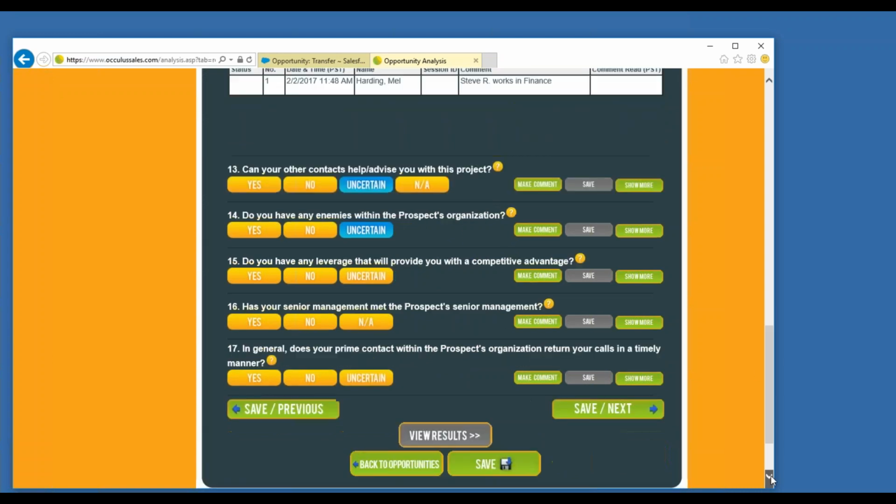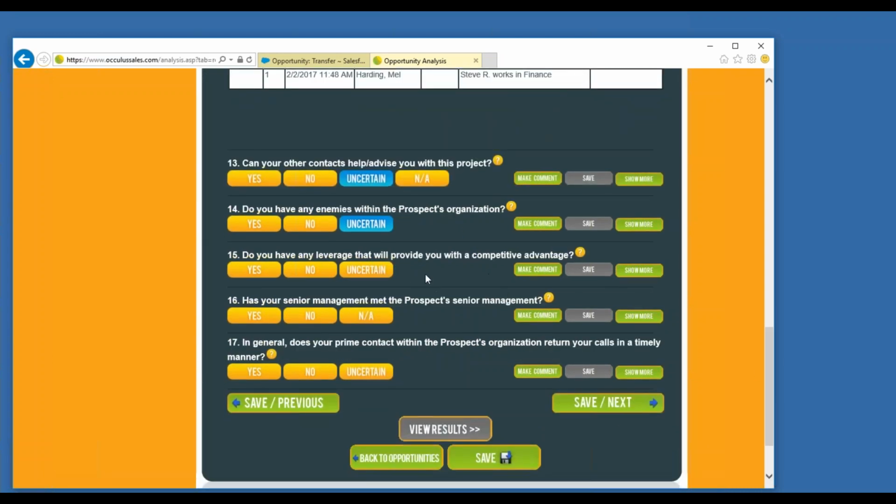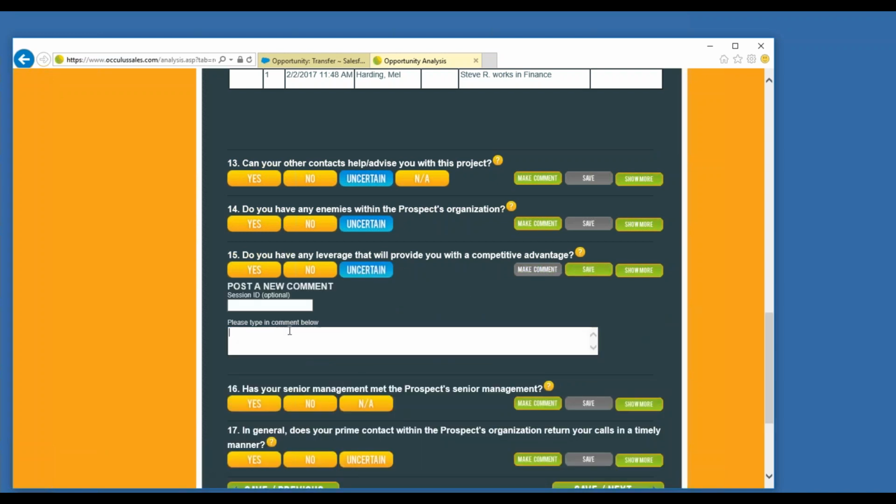So do we have any leverage that would give us a competitive advantage? And what do we mean by leverage? Well, leverage is just anything that presents myself, the company and our products in a positive view. I don't know at this point in time. I think we've got some great references that we can use, but we're early in the sales cycle.